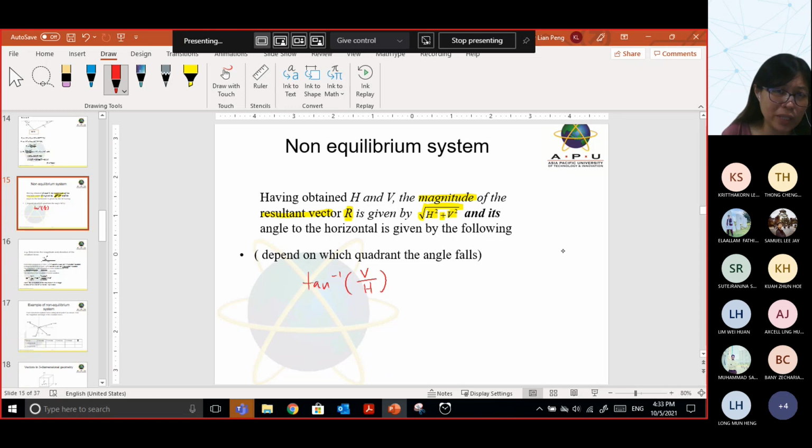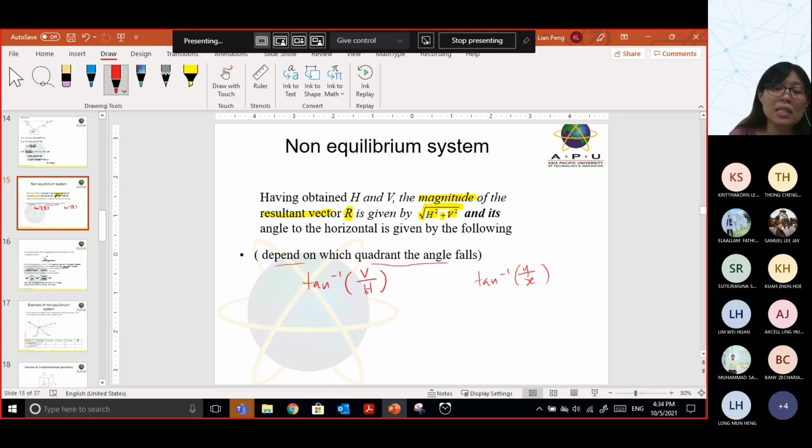So remember when we learned complex numbers, how you calculate the argument. We always take arctangent of y over x, right? So can you see the concept here? They are corresponding. So we are taking the vertical divided by the horizontal. And then, what is the angle here? The theta actually depends on which quadrant the angle falls.